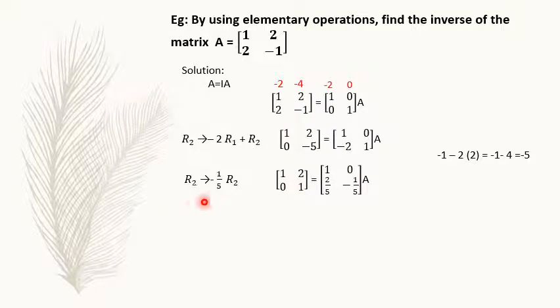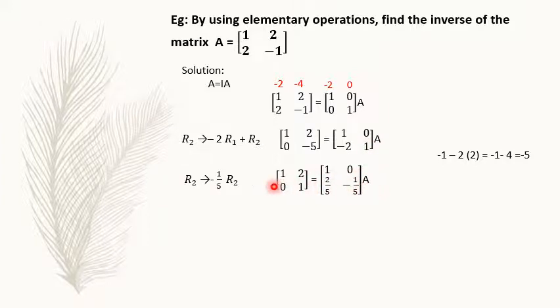So R2 becomes this entire row divided by minus 5. Here, this is the second row: 0 by minus 5, 0; minus 5 by minus 5, 1. Similar operation we apply here: minus 2 by minus 5, 2 by 5, as the minus signs cancel. And 1 by minus 5, minus 1 by 5.